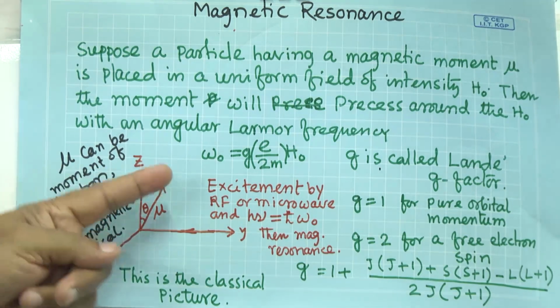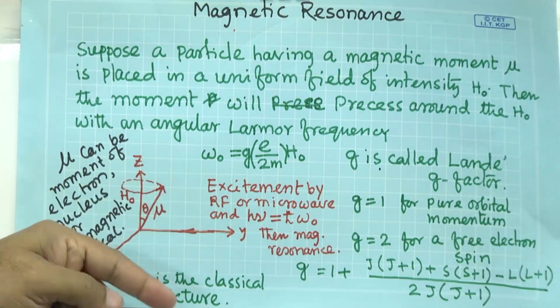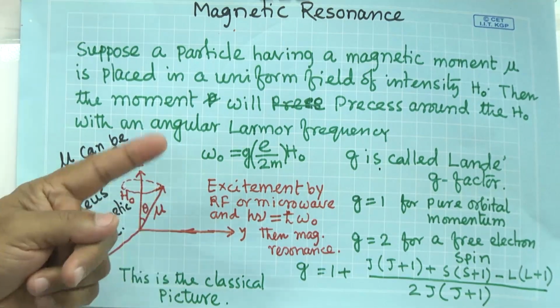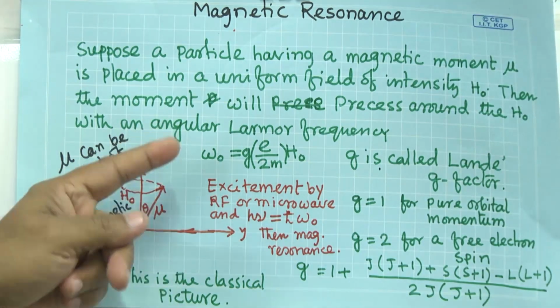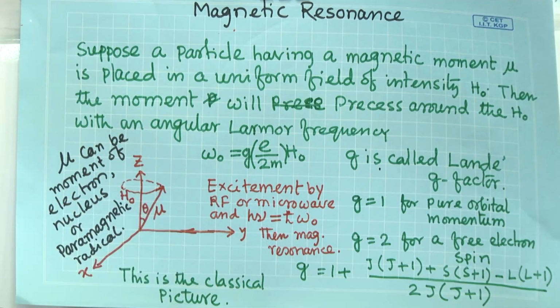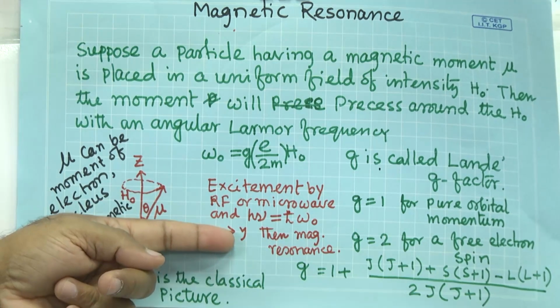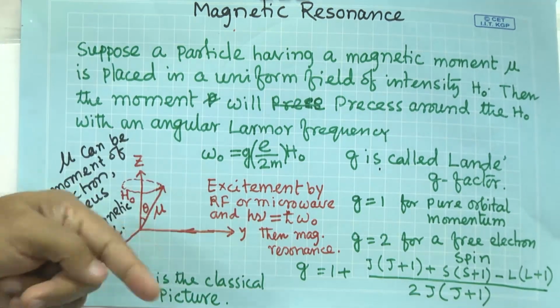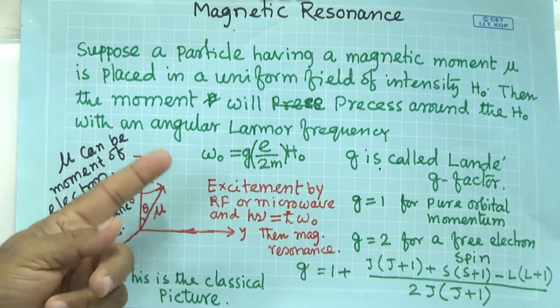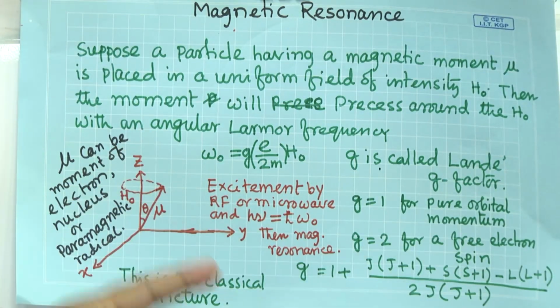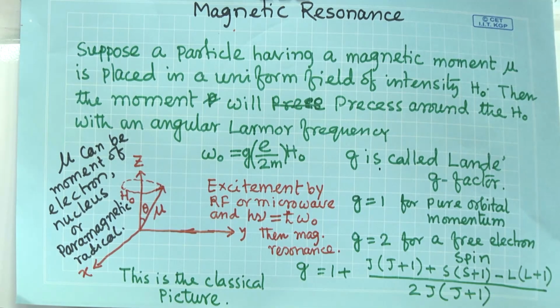Now, this theta will change when it precesses, taking this y axis as the axis. So, it will rotate, which means this theta will change. This is basically a classical picture.